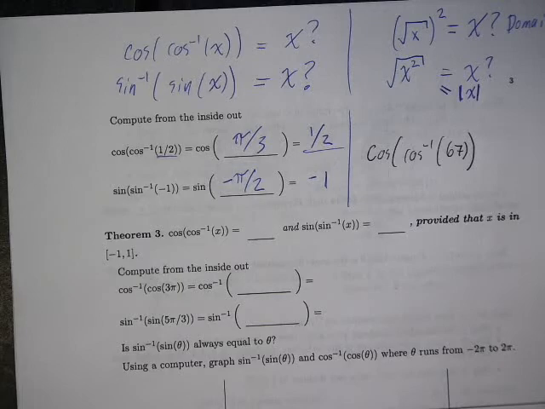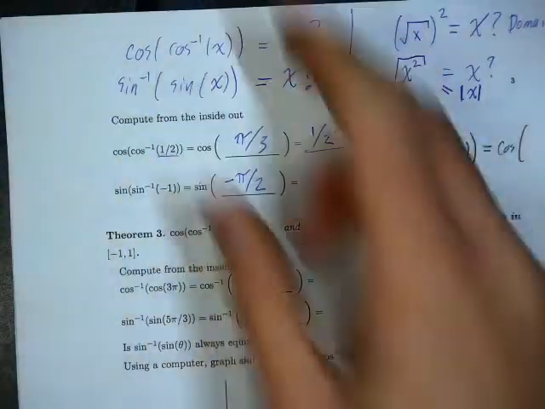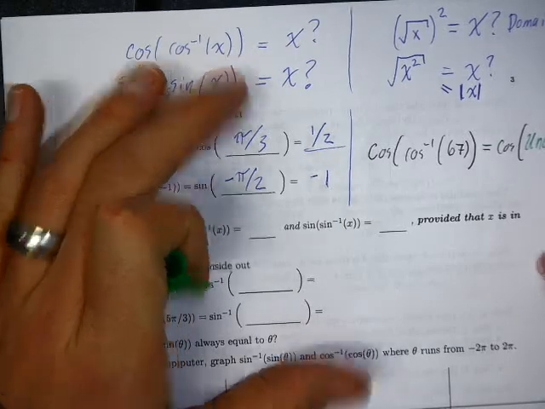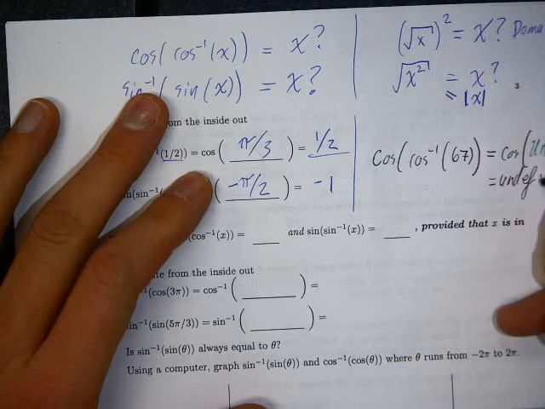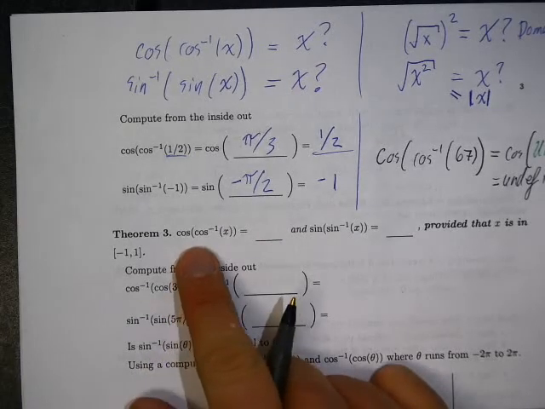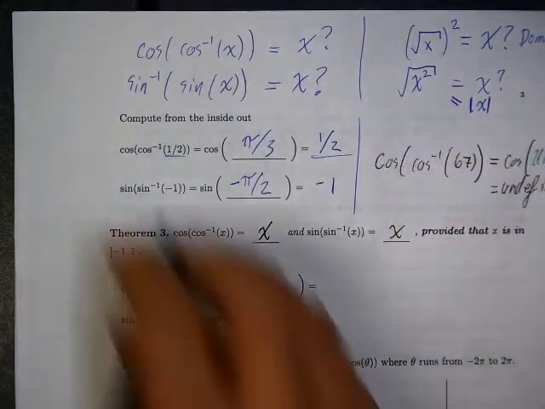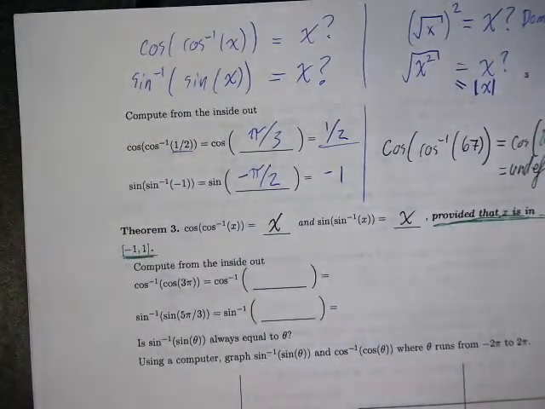Is 67 between -1 and 1? So this is cosine of something undefined. There's a domain issue. So it is in fact true that the cosine of the inverse cosine of x is always equal to x. The sine of the inverse sine of x is always equal to x, provided that x is actually something where you can compute the inverse trig functions in question.